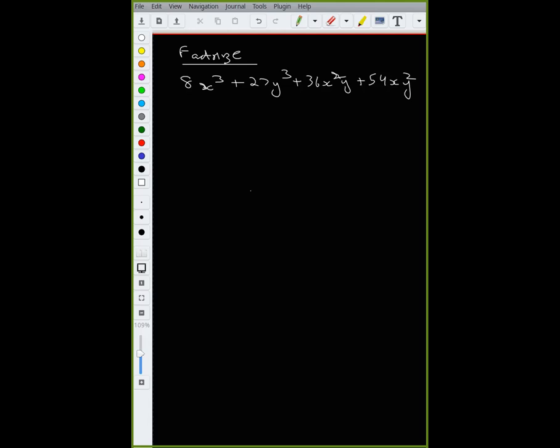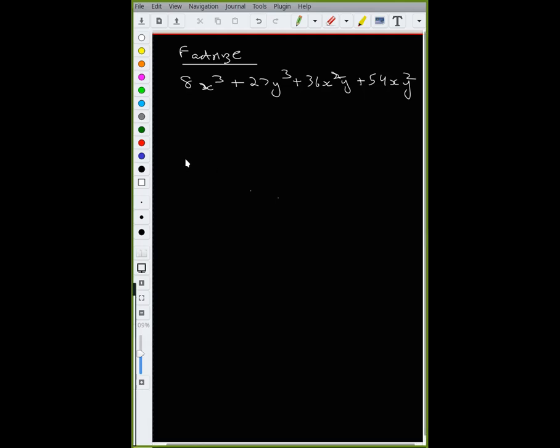Naisha, let's solve this. Yes, sir. Tell me, what do we do over here? So first we will take 8x cubed plus 36xy squared. Sorry, x squared y. And then plus 27y cubed plus 54xy squared.